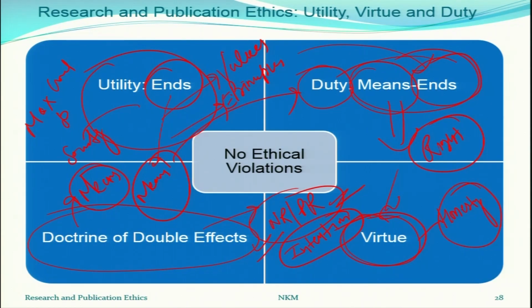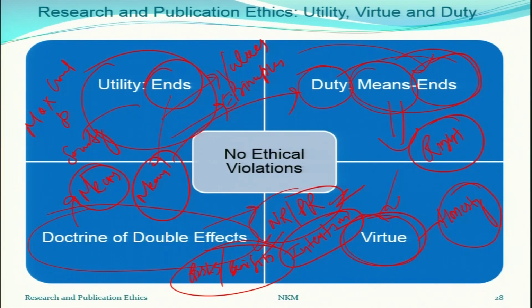And then we have to, of course, think about the proportionality of the results in terms of the risks involved in the research. We have to think about the risks and the benefits: what are the risks involved in the research and what are the benefits.